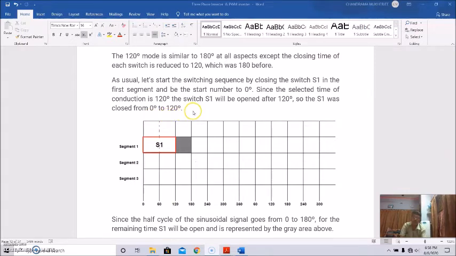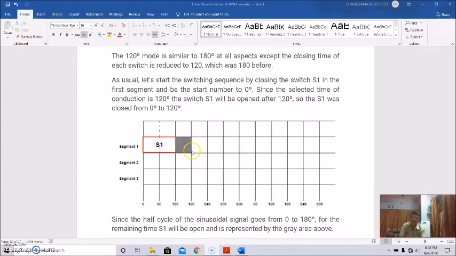Before, in 180-degree conduction, H1 was closed up to 180 degrees, but here it is closed only from 0 to 120 degrees. Since the half cycle of the sinusoidal signal goes from 0 to 180 degrees, for the remaining time H1 will be open, and this is represented by the gray area here.